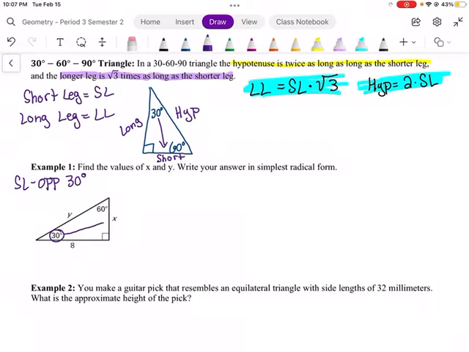So when we find that 30-degree angle, the side opposite is going to be my short leg. The long leg is going to be opposite of the 60-degree angle. And in this example, that'll be 8, and our hypotenuse is y. Now that we have all of the sides labeled, we can go ahead and use our two formulas to find any missing lengths that we need.